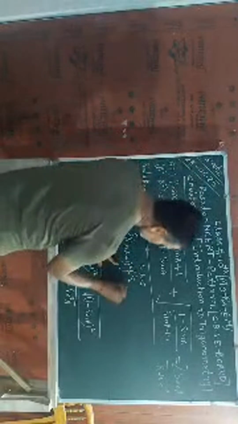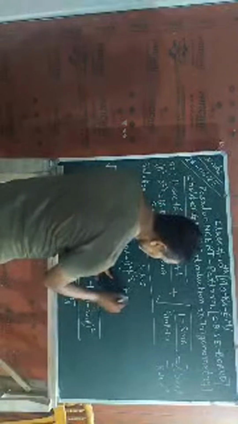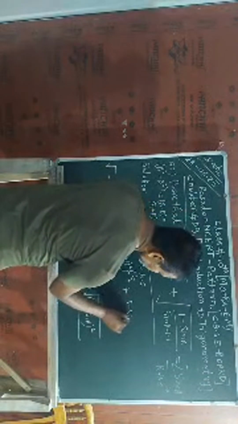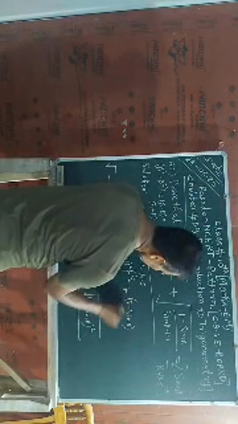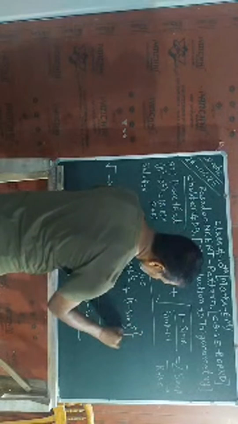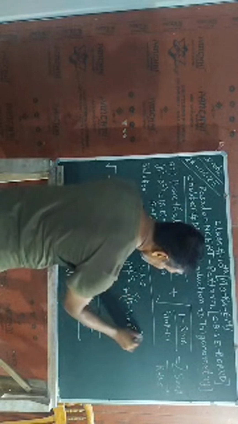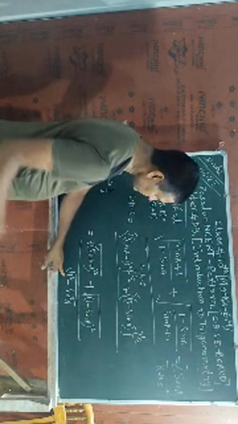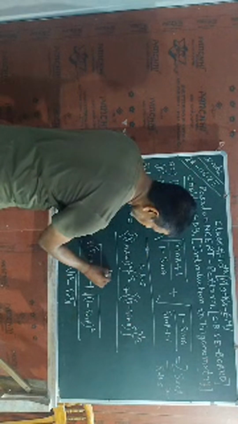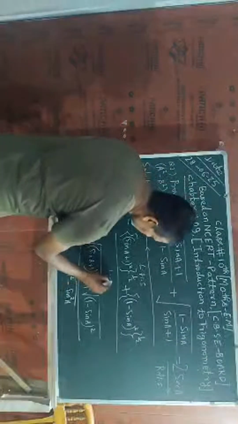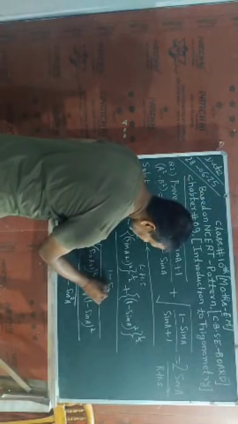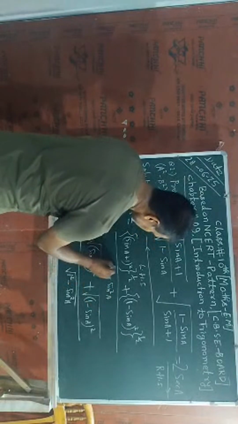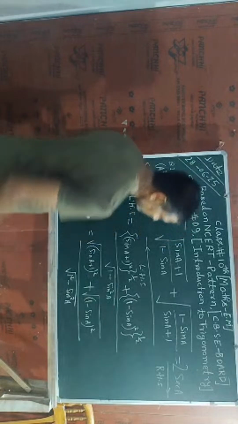Similarly, here I will put 1 minus sin A whole square, and its power will also be 1 by 2. Now the value I can substitute here. 1 square, the value of 1 square will be 1, and minus sin square A, and all terms will be in square.